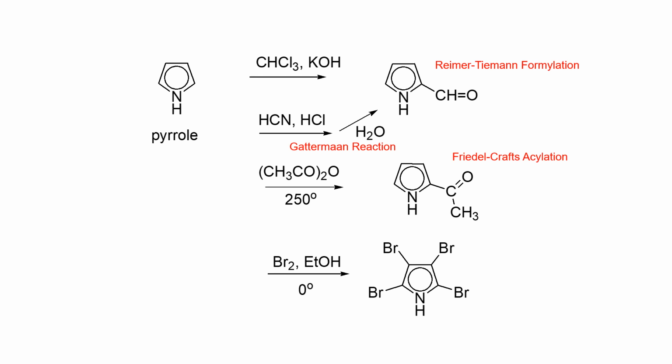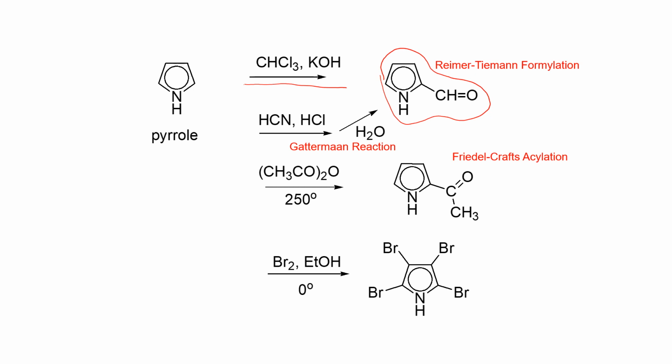In case of pyrrole, if we maintain the conditions of the Reimer-Tiemann reaction, that is, if we react pyrrole with chloroform and potassium hydroxide, the aldehyde group will be substituted at position 2. All of you already studied the mechanism of the Reimer-Tiemann reaction in your previous subject, so that's why I am not discussing the mechanism of this reaction.